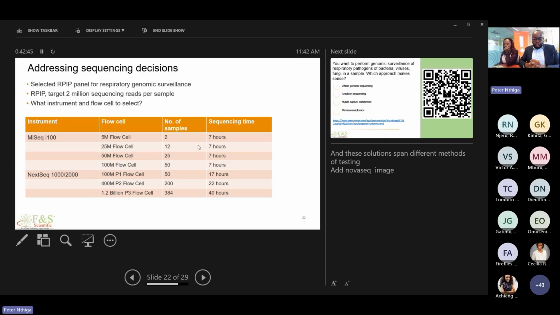In terms of instrumentation, there are guiding points in terms of specs on how much of a run can be performed on a particular instrument. Let's say we are doing a 300 cycle run on any of the flow cells that I highlighted. If you're performing a run on the MiSeq i100, you can address a situation very quickly if it's an outbreak, because within 7 hours, you already have your data generated.